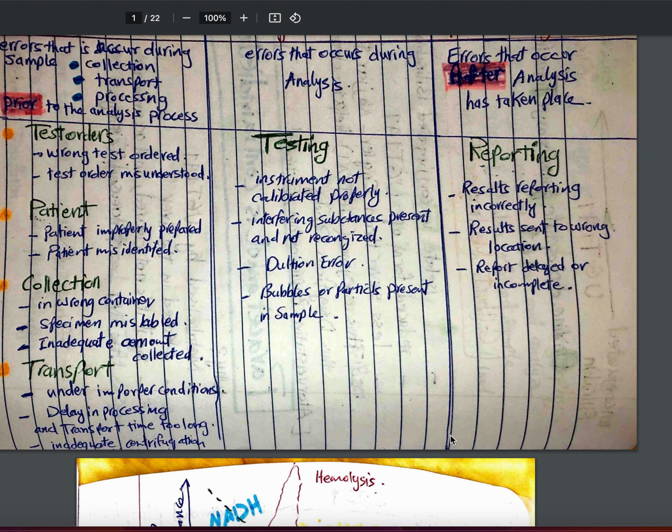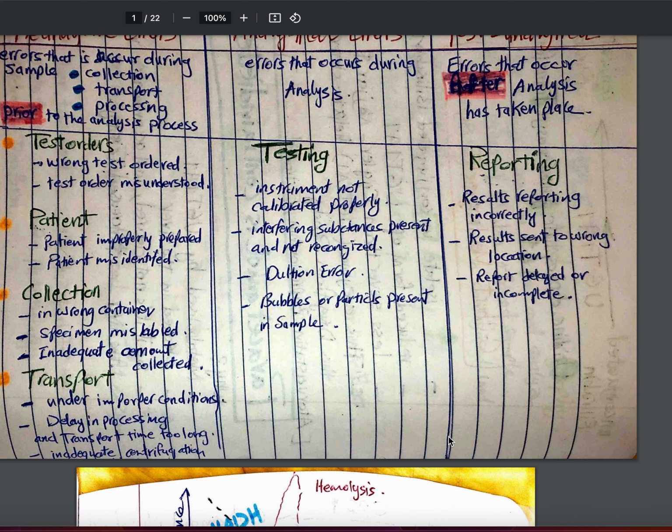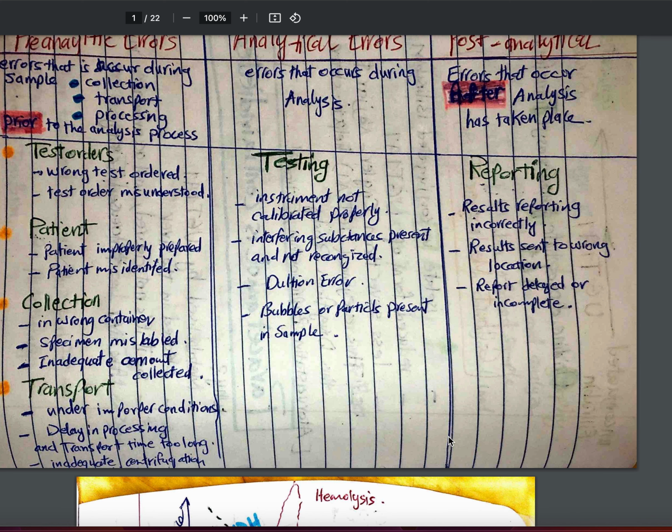Or there is a problem in the transport, like improper conditions, such as not doing the accurate incubation while we transport the sample, or a delay in processing and the transport time is too long, or inadequate centrifugation, because we said that after the collection the sample will stay for 30 minutes, and then we put it into the centrifuge for 15 minutes at 5000 rpm.